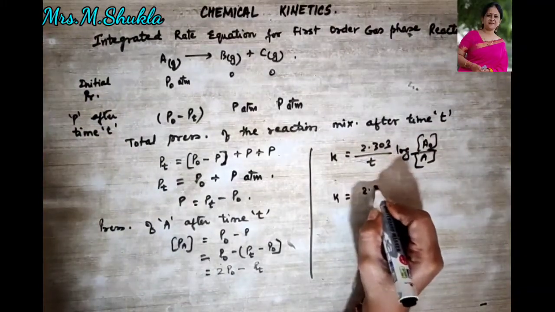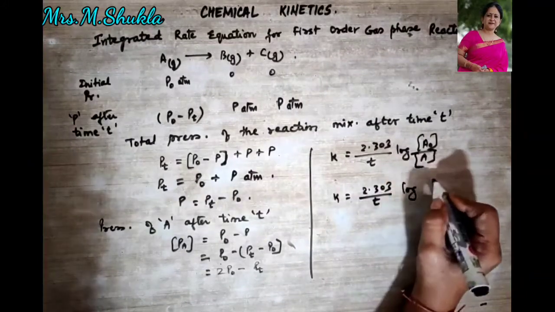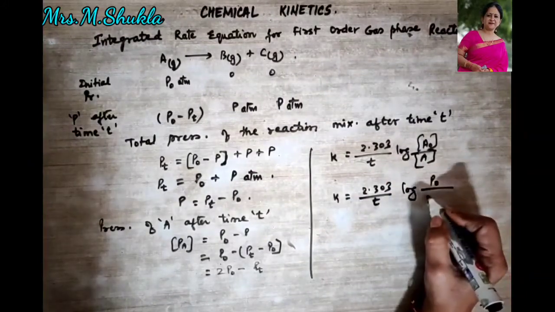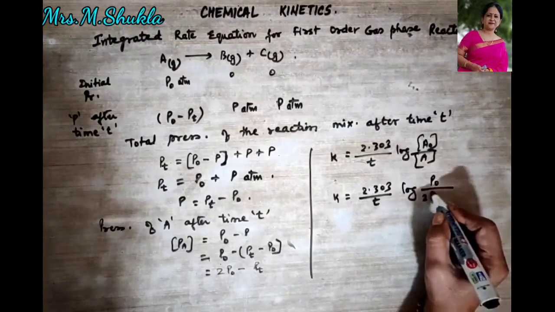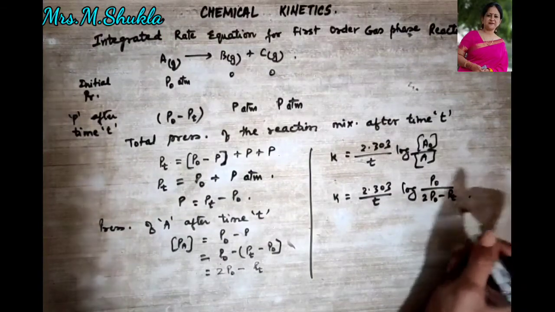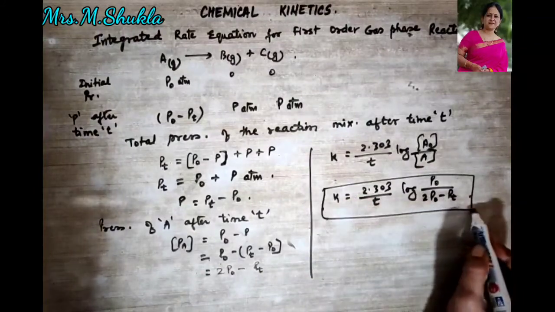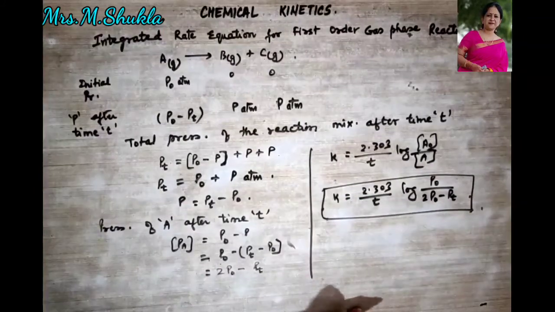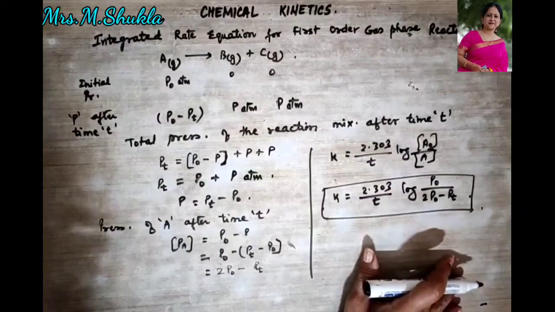K will be equal to 2.303 upon T log of the initial pressure upon the concentration of A, which is 2 P naught minus PT. So this is how we get the equation for the first order gas phase reaction.